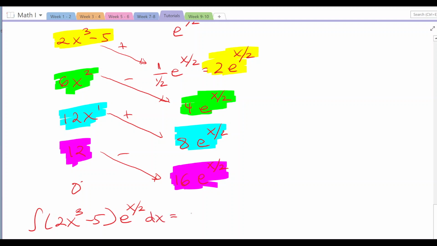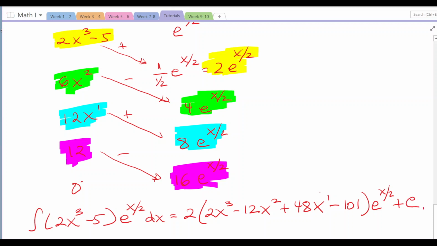The simplified answer will be 2 times (2x cubed minus 12x squared plus 48x minus 101) raised to the power of half x, plus c. That is the final, overall answer.